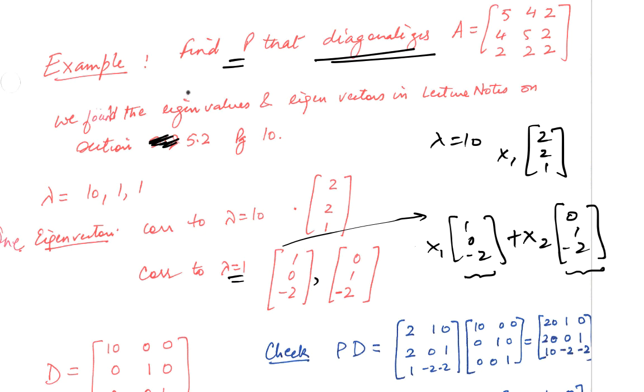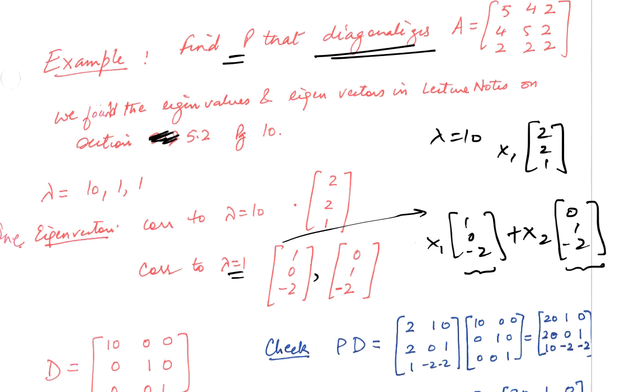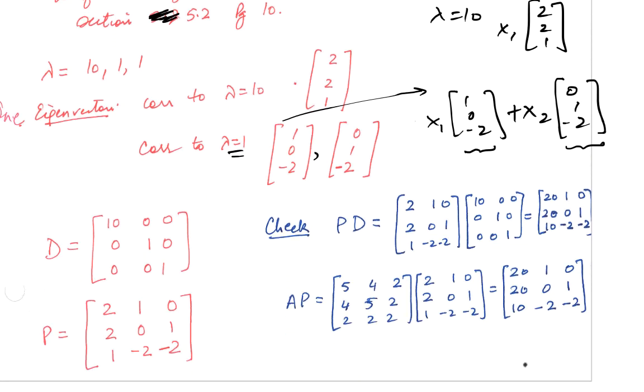So once we have found our eigenvalues and eigenvectors corresponding to that, now how do we write? This is very important, guys: the writing of the D's and the P's. Remember, the D will be the eigenvalues over here. So 10, and the convention is the first eigenvalue will correspond to the first eigenvector. The second eigenvector is 0, 1, 0.